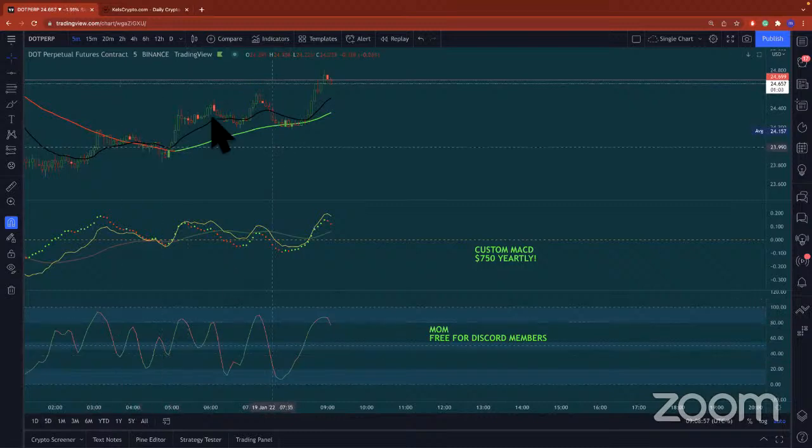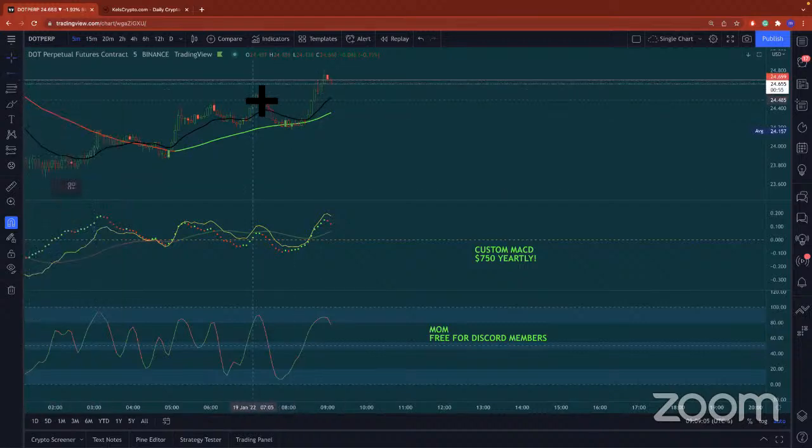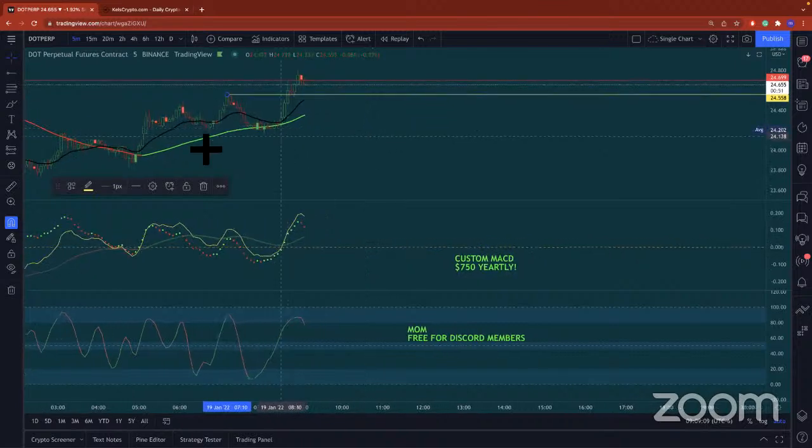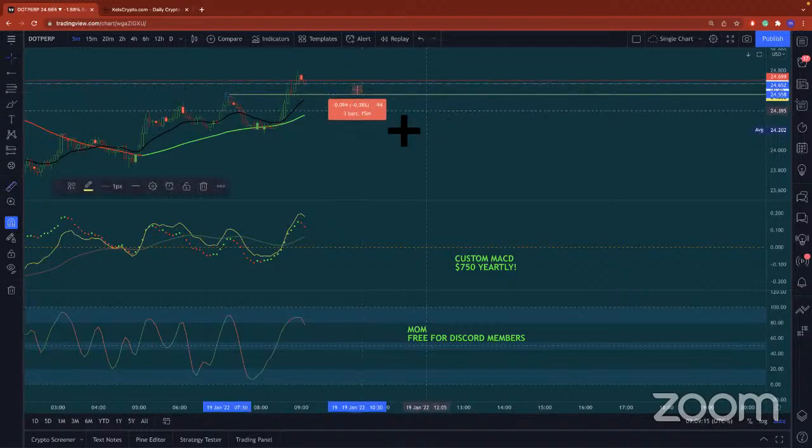Another thing, if you're going to go short and you're going to target a level, let's go here. Where's my ray? There's my ray. That would be your target right there. Let's see how far that is from where we are. Right at 0.38%.